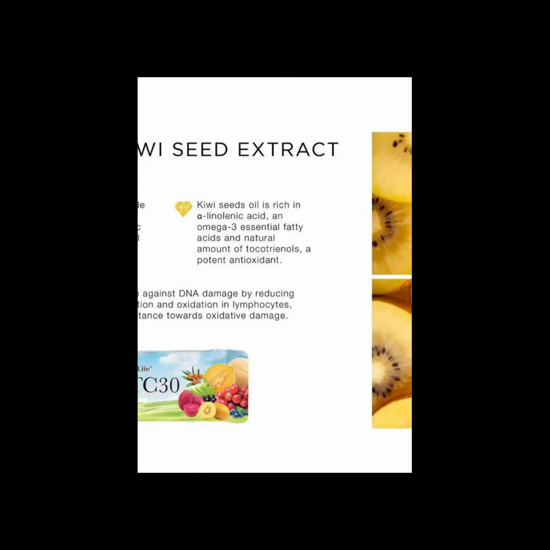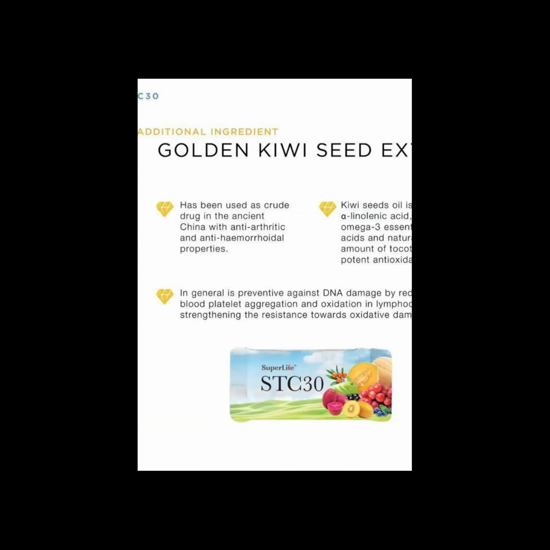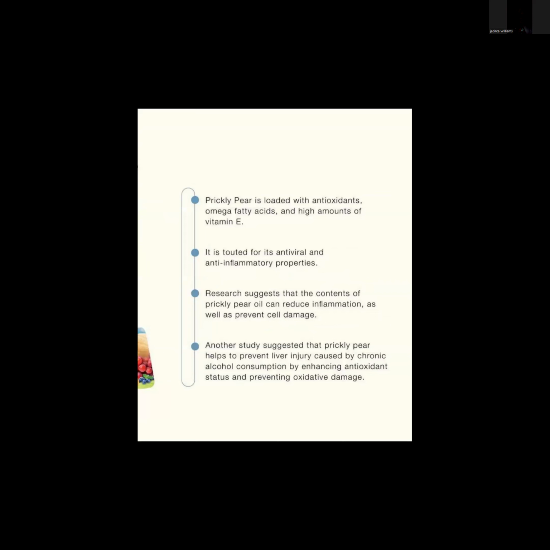Look at it. It is very high in anti-arthritis and anti-hemorrhoidal properties. Also, we have this prickly pear cactus, which has powerful antiviral and anti-inflammatory properties. One of the reasons for enlargement of the spleen can be a virus, like we have discussed. The doctor said it can be a virus, a parasite, a bacterial infection, or pathogens that destroy the spleen and cause its enlargement.